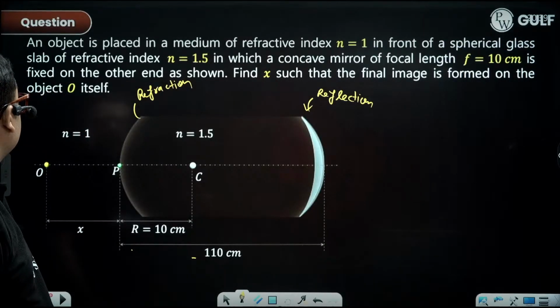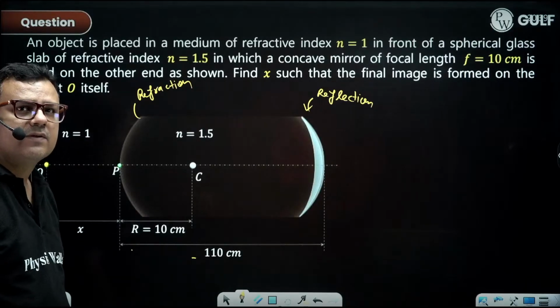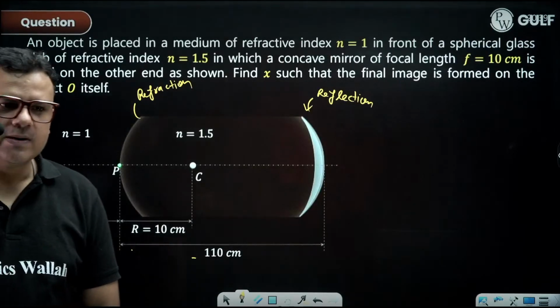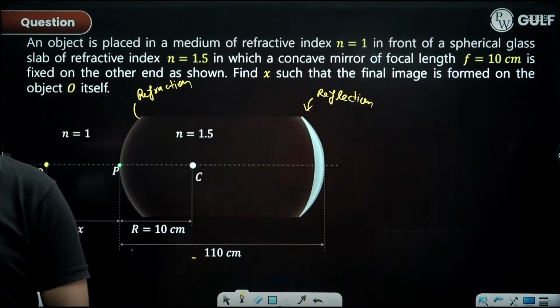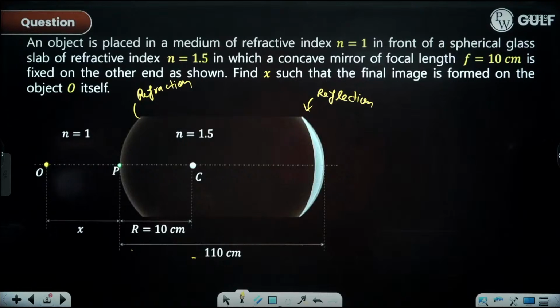I need your reply, my dear students. We should find the refraction. First, we need to apply n2 upon v minus n1 upon u equal to n2 minus n1 upon r. Okay, very good. What about the object? The distance between O and P is equally half, then P and C.